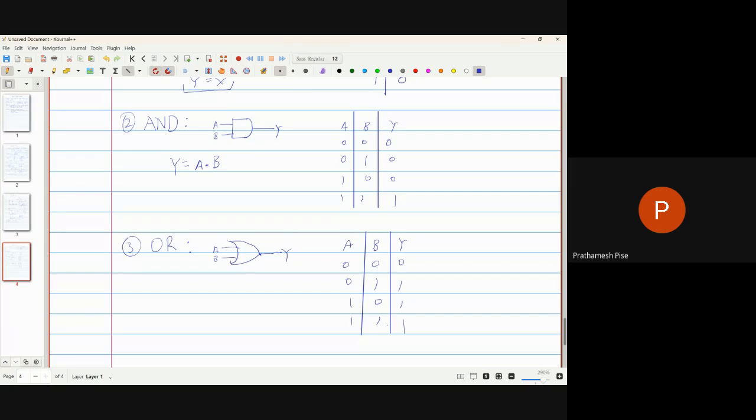The equation is y is equal to A plus B. Here, the meaning of plus is not addition, because if there are three inputs, 1 plus 1 plus 1 should be 1 only. So don't add.